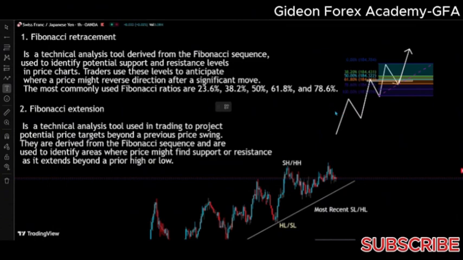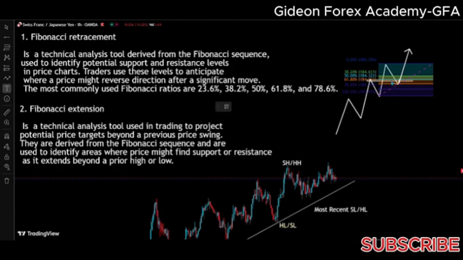You hardly find people trading and confirming their entries at 100% retracement. It could be that the market is actually going to even change character to the downside in case of an uptrend. Okay, so you don't want to be looking for buys around 100% retracement. You want to be looking for buy confirmations at 78.6, 61.8, 50%, 38.2%.